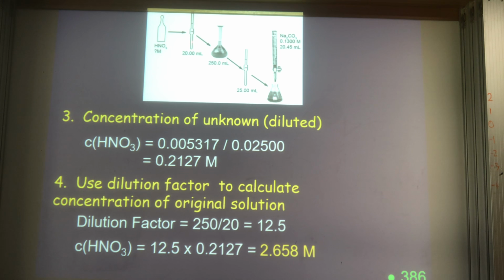The dilution occurred when we added the 20 mils to the 250 mils and then filled it up with water. So that was the dilution step. So that's our dilution factor, 250 over 20. And like I keep on saying, a diagram organises that information, makes it so much easier.